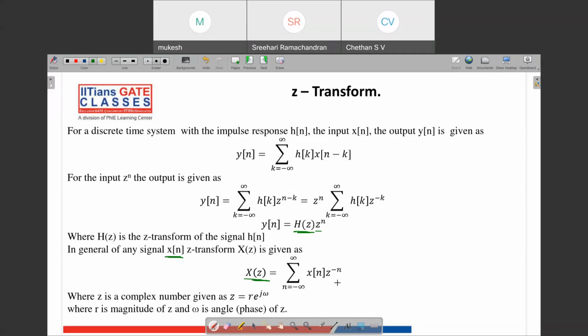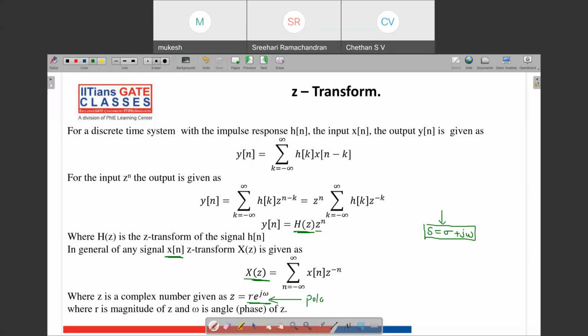Now, in the Laplace domain you have the variable s, which was sigma plus j omega. But in the case of Z transform, we have a variable called z, which is equal to r e to the power j omega. This s is a Cartesian coordinate kind of representation, but the Z transform is a polar coordinate representation.